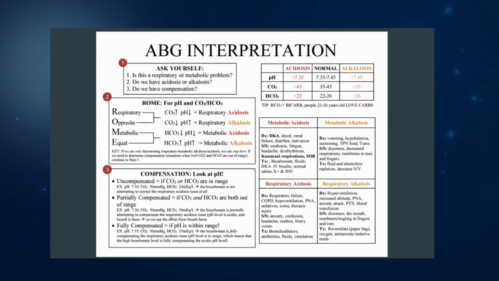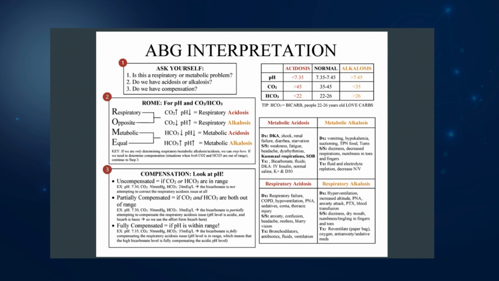Why is it opposite for respiratory? It is because when the carbon dioxide is high, the pH is low, which is opposite. As you can see, the carbon dioxide is high, pH is low, so it's a respiratory acidosis.